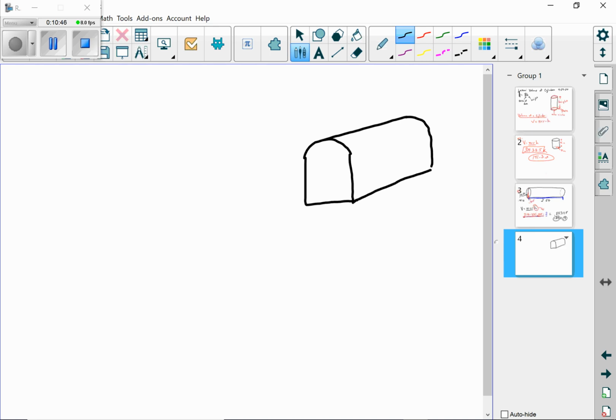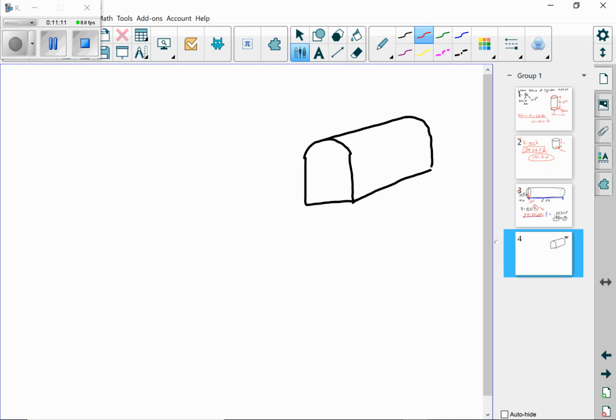Okay, there's my shape. So when I ask people what that looks like, a lot of people would normally say it looks like a loaf of bread or maybe a mailbox. Okay, that's the two things I get, they're both correct. I want to find the volume of the shape. This is a compound figure, which means it's made up of two shapes that we're familiar with.